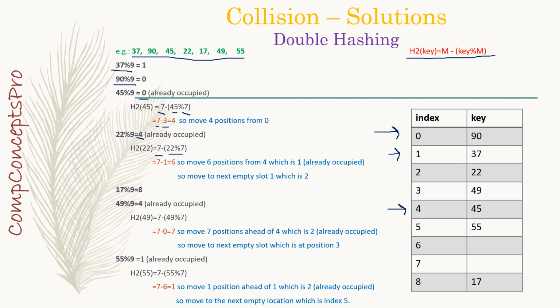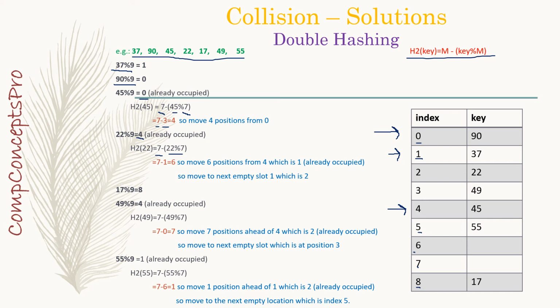How? Like position 1, then position 2, 3, 4, and then again from the index position 0 and 1. So this is the 6th position, but this is also already occupied.